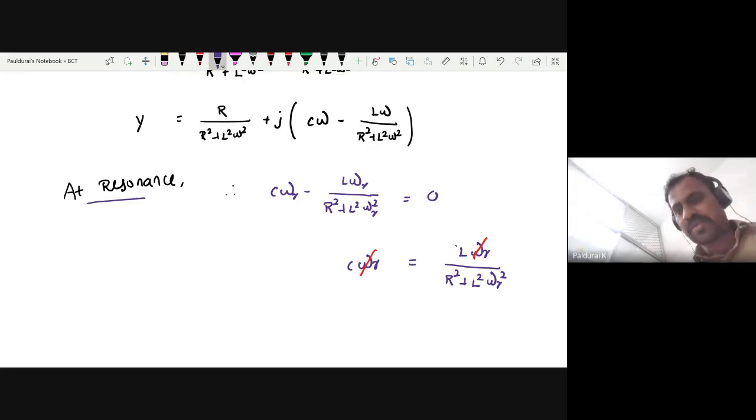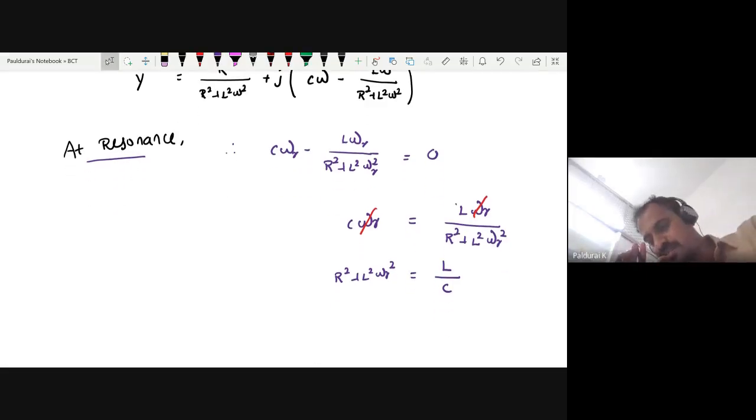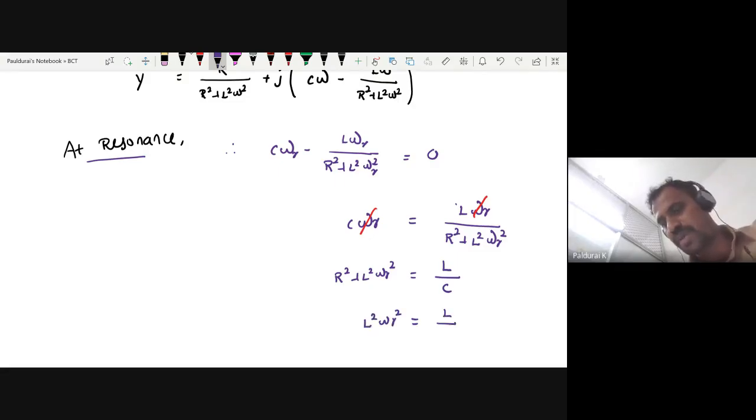So now bring this C to the right hand side, and R squared plus L squared omega R squared to the left hand side. Since I'm looking for L squared omega R squared, it becomes L by C minus R squared.